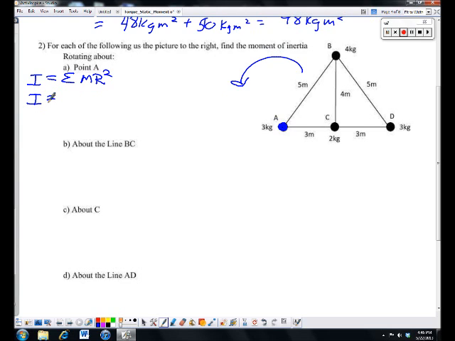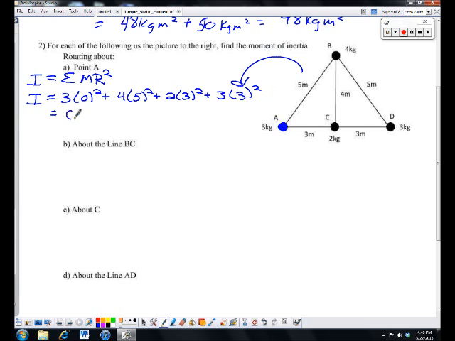A, I mean, it's kind of silly, but let's do it. Mass of 3, a radius of 0 squared. Notice, you don't have any inertia when you're at the pivot point. Plus, let's do B. I'm 4 kilograms at 5 meters away squared. Plus, let's do C. 2 kilograms at 3 squared plus 3 kilograms at 3 squared.